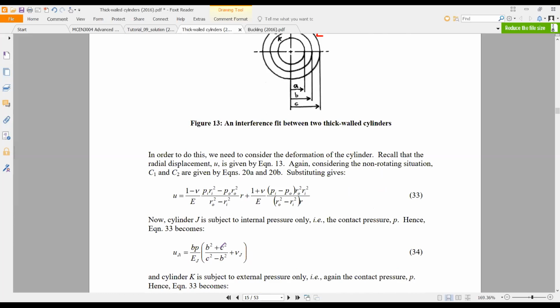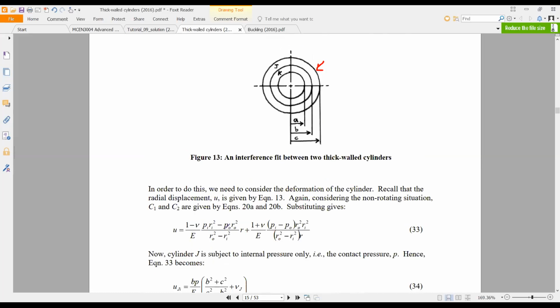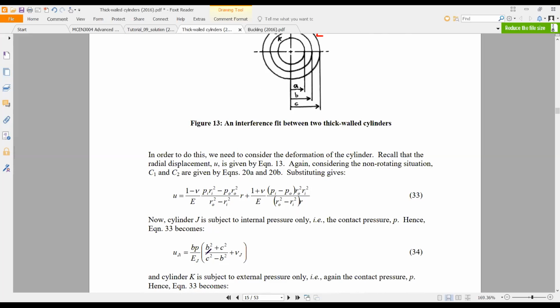Sometimes you will be confused how we can get that equation, because you can use the equation of the radial displacement U like this, and you can substitute here. There is a Pi value, and P naught equals 0, then you will end up with this equation.